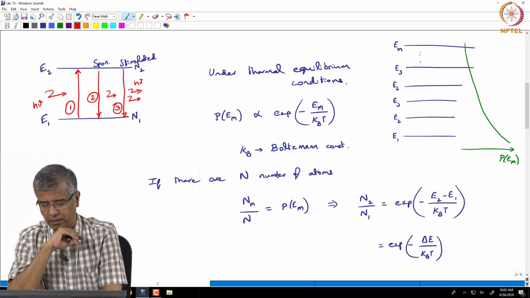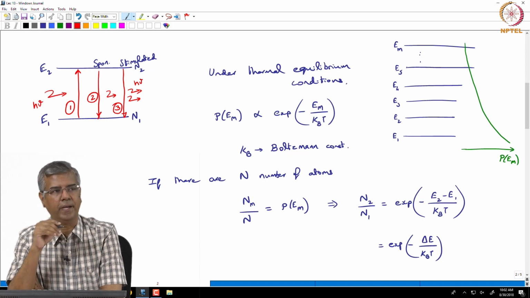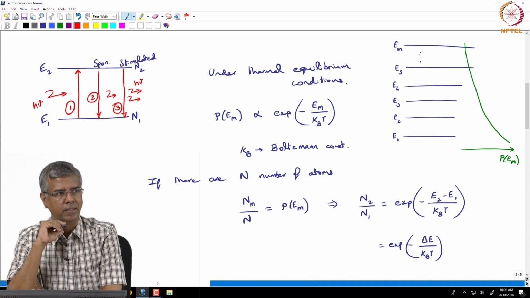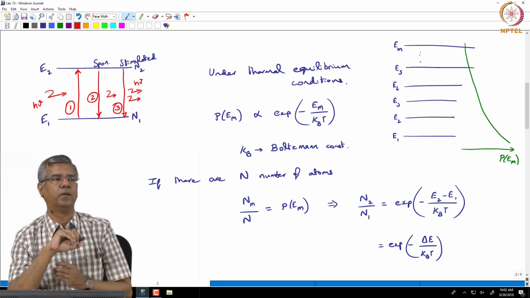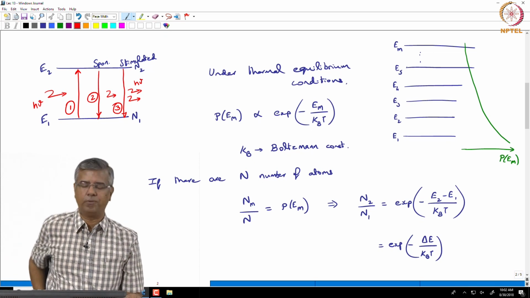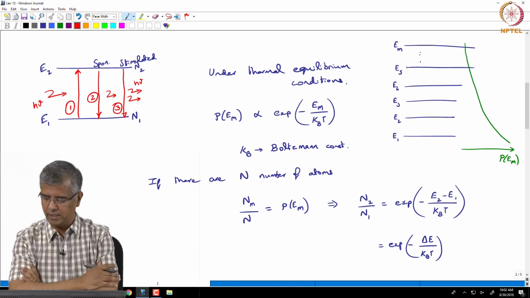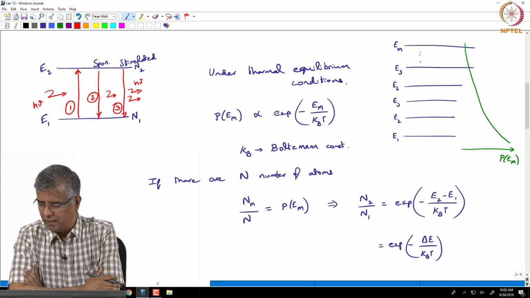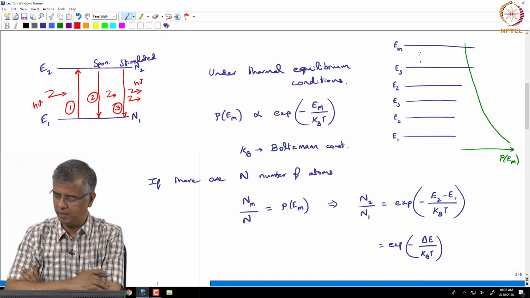We started going back to looking at Boltzmann's law, and realizing that the probability of finding an atom at an excited state, E2, is always going to be lesser compared to the probability of finding an atom at a lower energy level. So, we were essentially saying that the probability of finding an atom at an excited state is going to be lesser compared to finding an atom at a lower energy level.